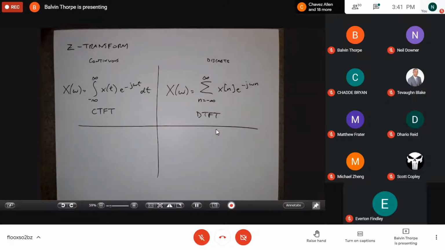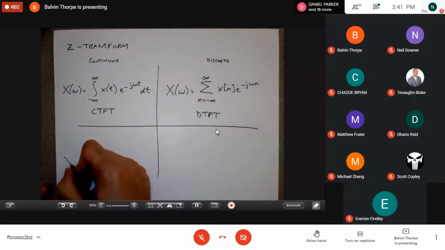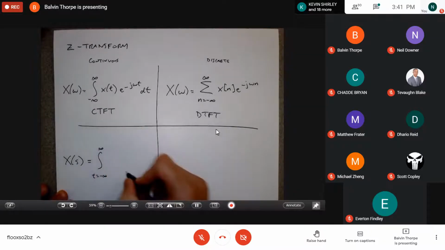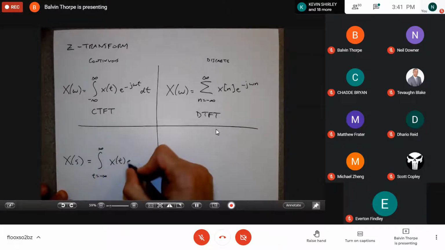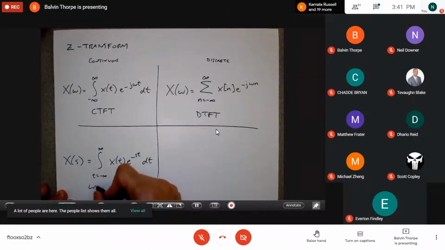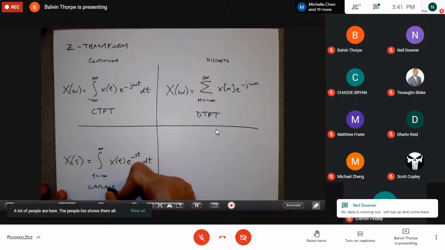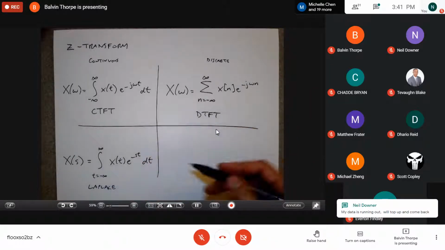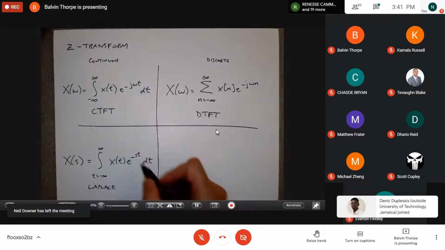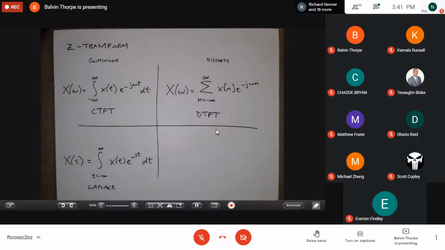Now, when you were taking signals and systems and differential equations, you also saw the Laplace transform. I'm not going to talk about the Laplace transform really at all in this class; I'm just putting it down here as a reminder of what you hopefully remember. The Laplace transform was a generalization of the Fourier transform, where I replaced j omega with this more generic complex variable s.